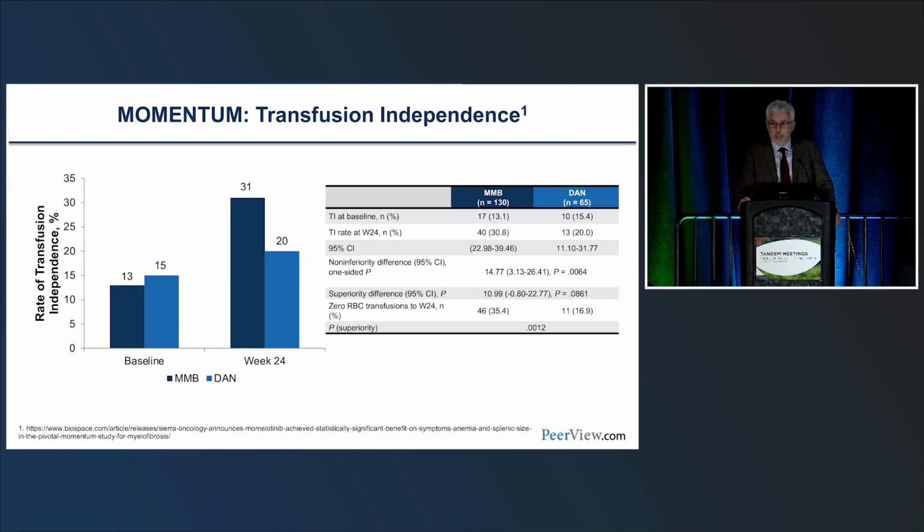In other words, 18% of the patients became transfusion independent during the 6 months of therapy with momelotinib. That's why we expect this drug to be approved in the very near future as a drug to improve the anemia and symptoms, not the spleen and symptoms. It can improve the spleen, but the main point here is anemia and symptoms.